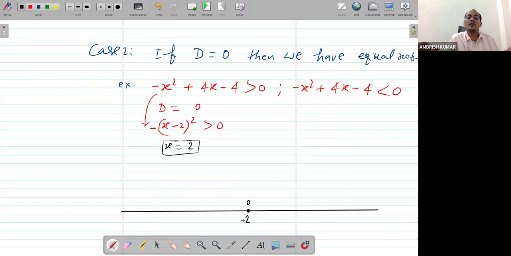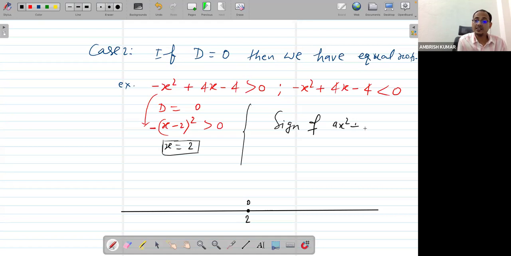But for the rest of the values of x, the sign remains the same as the sign of a. So here also, the sign of the quadratic, that we generally take as ax square plus bx plus c, is the same as the sign of a.